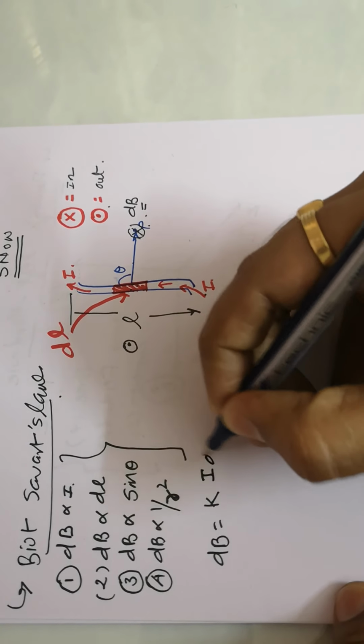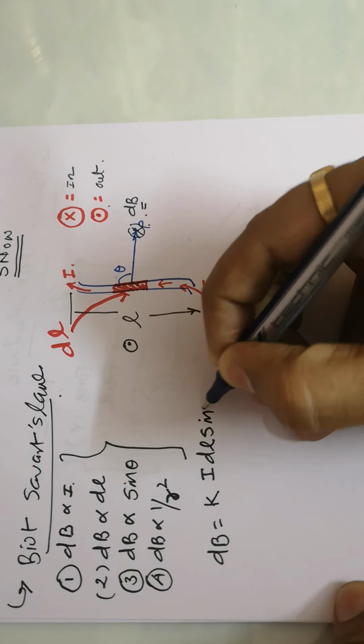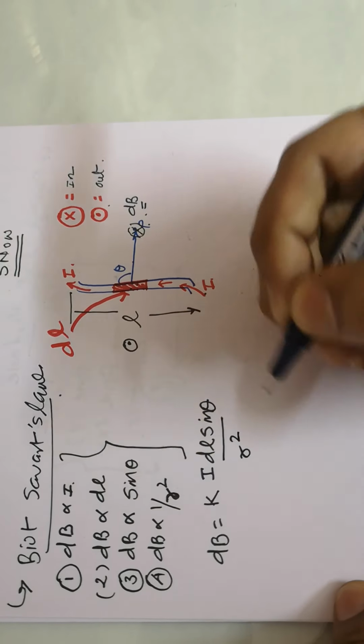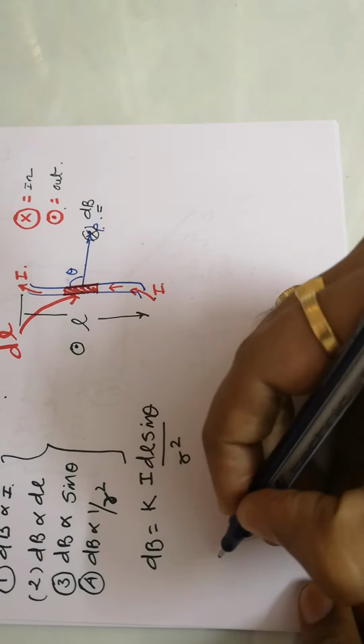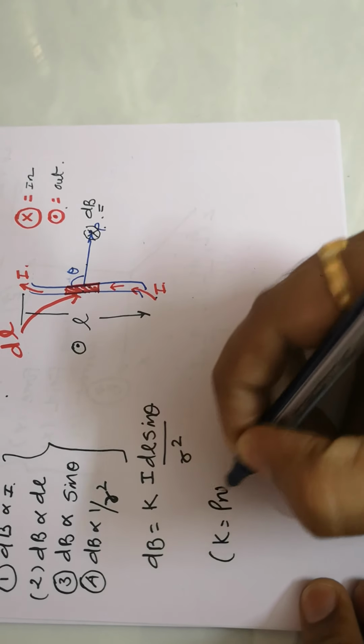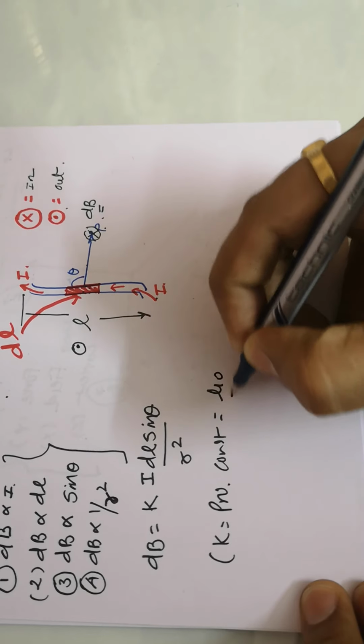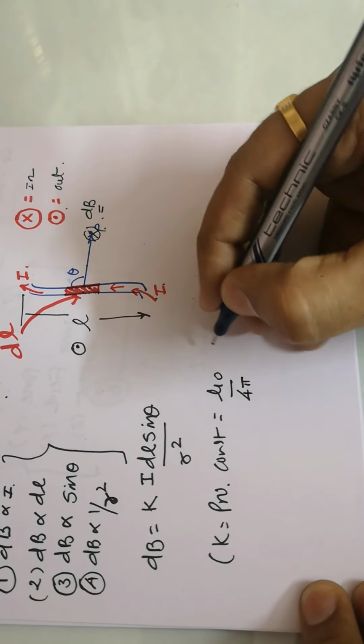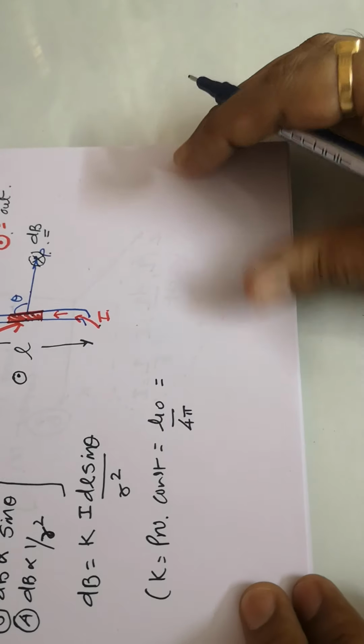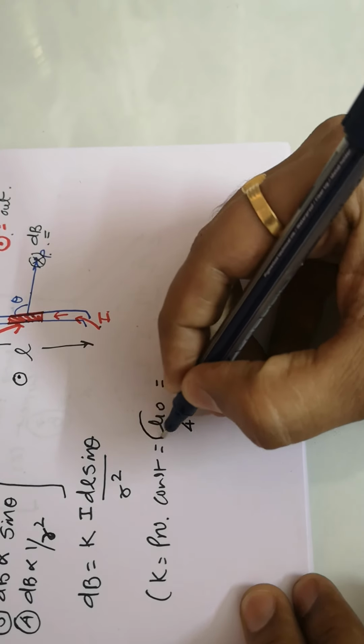So dB equals k times I dl sine theta divided by r square, where k is the proportionality constant, which we place as mu 0 divided by 4 pi. If you remember chapter 1, we had epsilon 0.